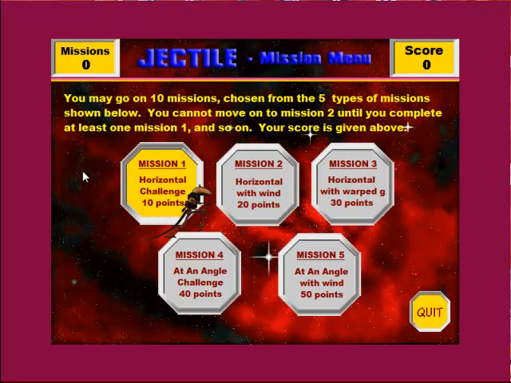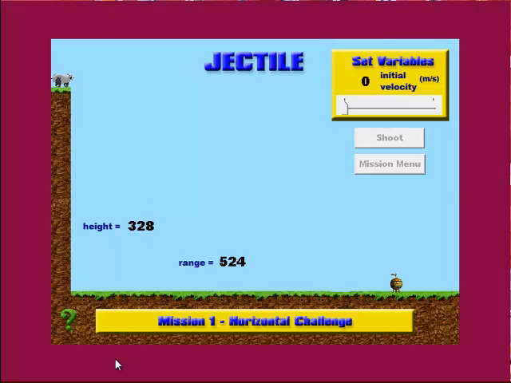So there are 10 missions, and students can choose any of the missions, but in order to go on to a higher problem, they have to solve a simple one first. Pretty simple. Hopefully they're given the height and the range, the x and y values.